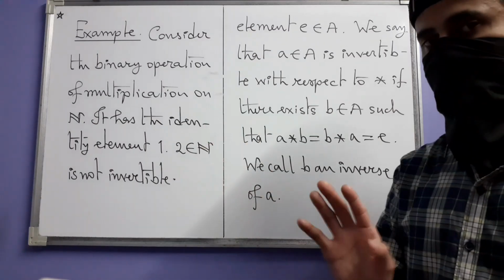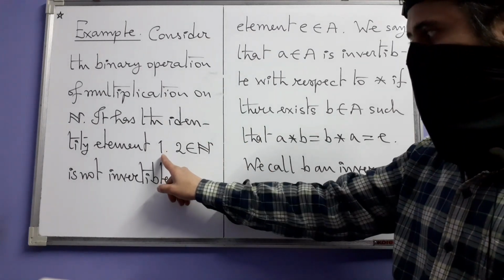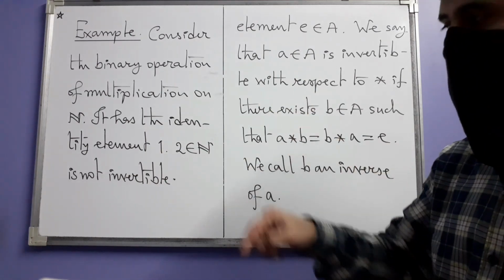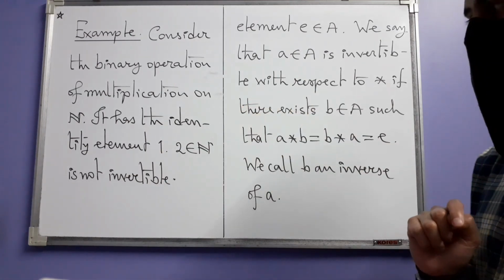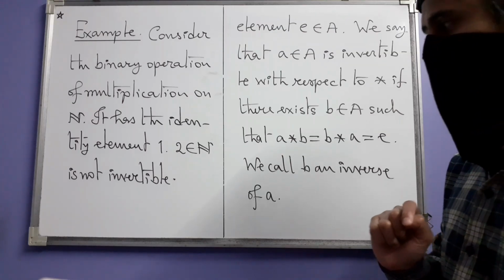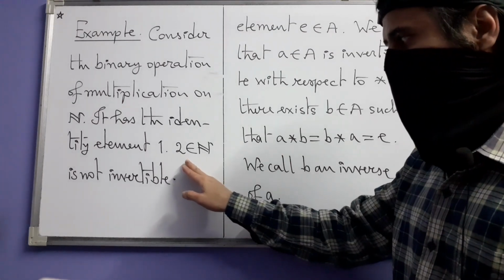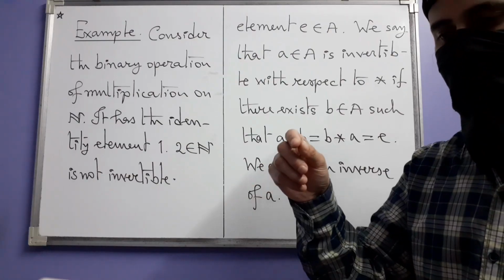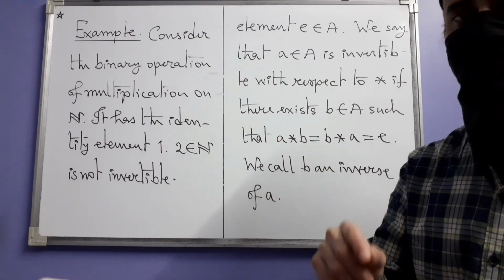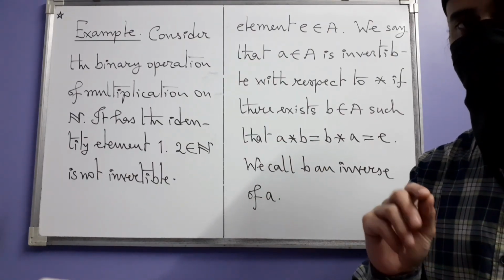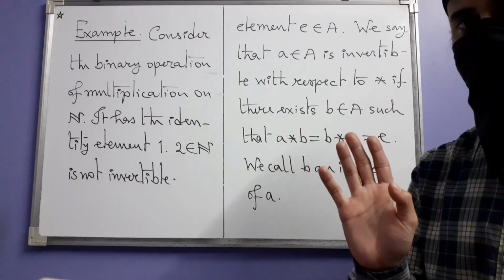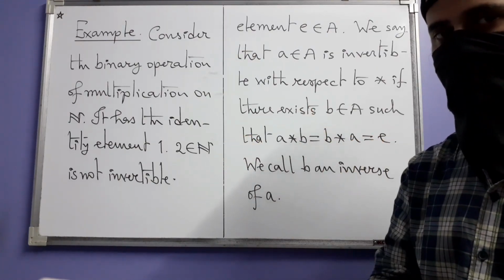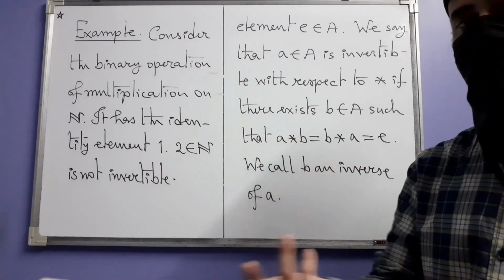And there is an identity element also, because the one that normally is the identity element for multiplication is present in N. However, if you look carefully, the element 2 is not invertible. If you multiply any natural number with 2, you will get something, but you will never get 1. That is because the normal inverse, the reciprocal of 2, is not in N.